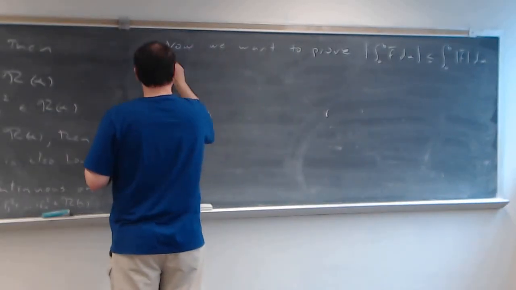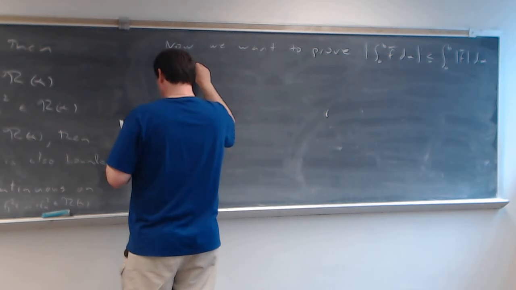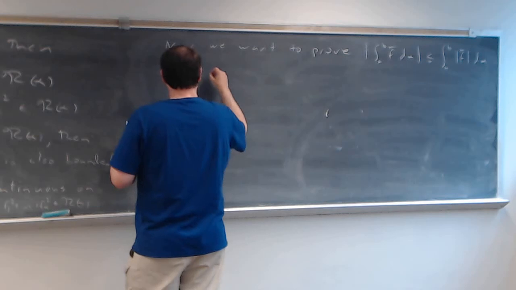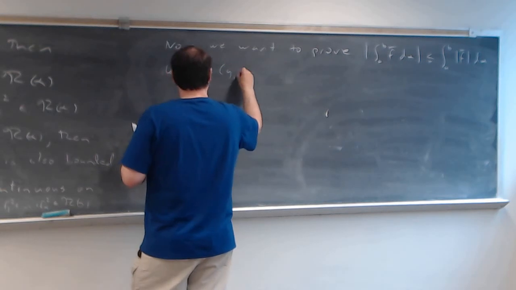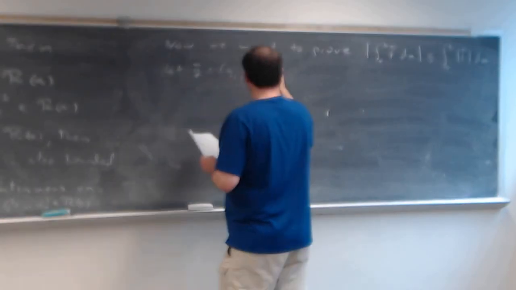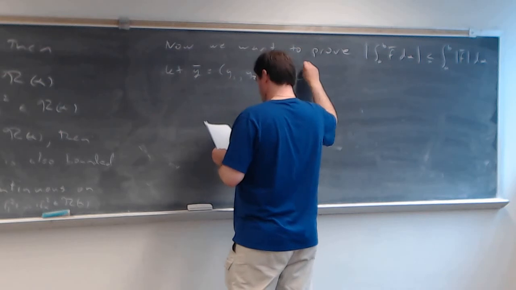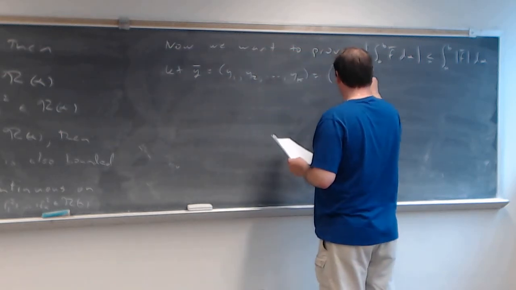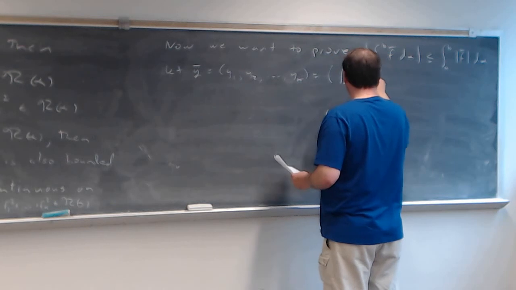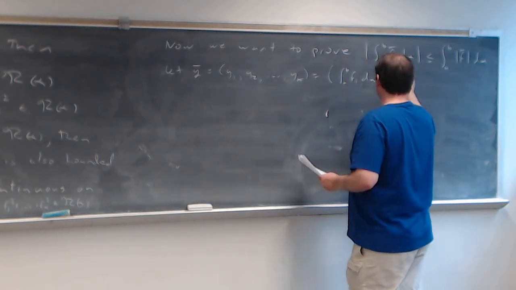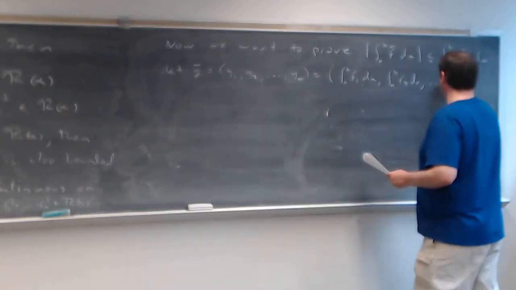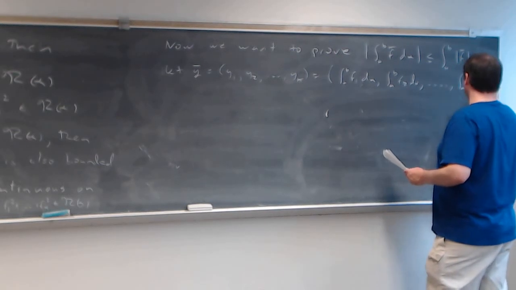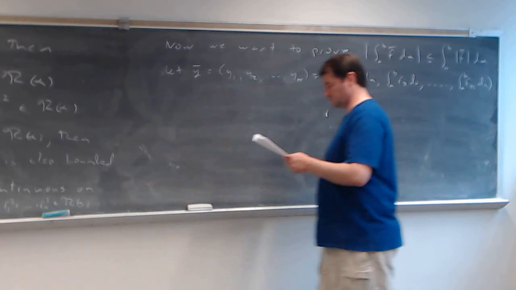Okay, so we'll do this with some notation. We'll let y bar be equal to y1, y2, all the way up to yk, which really is equal to the integral from A to B of f1 d alpha, comma, the integral from A to B of f2 d alpha, all the way up to the integral from A to B of fk d alpha.